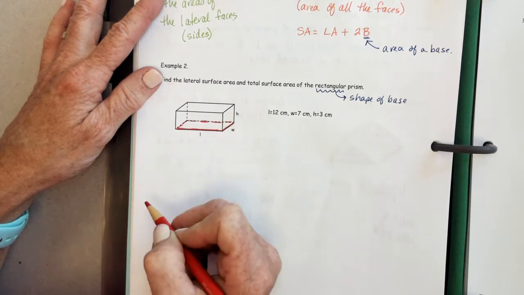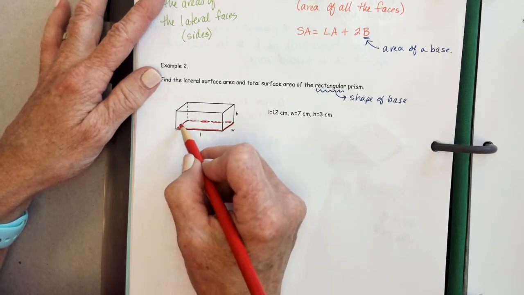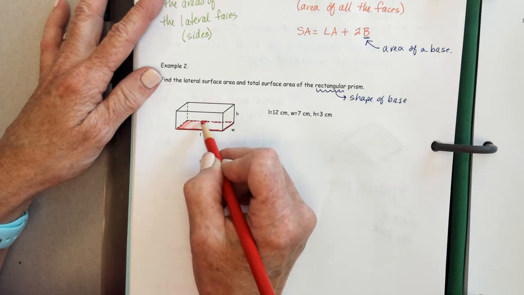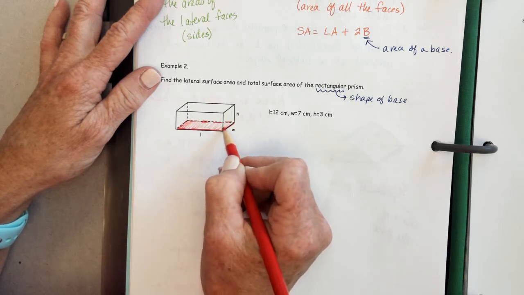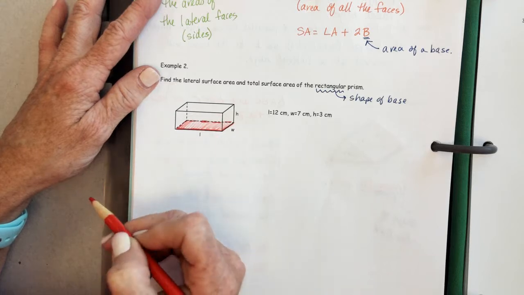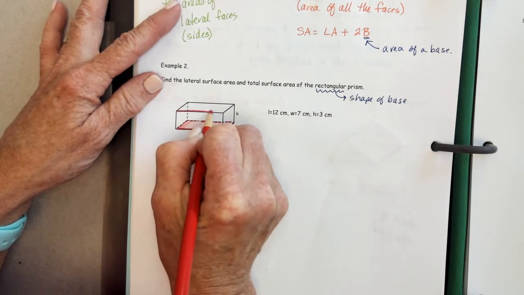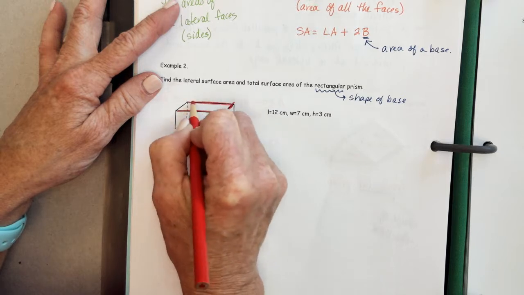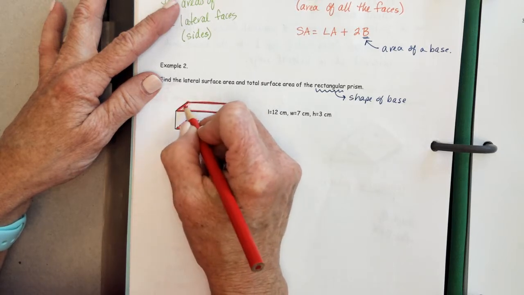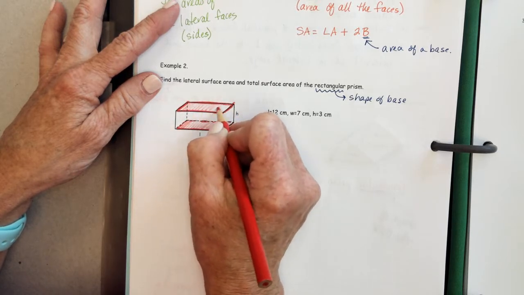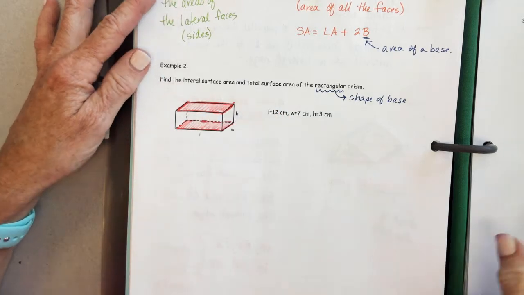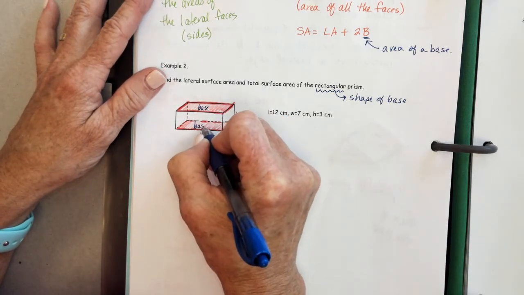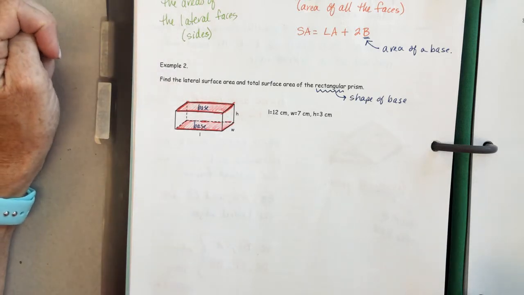I like to use a colored pencil, and I darken the edges and then shade lightly in the middle. I think it makes the base stand out a little bit better. And then we can trace this top base. There's the bases.